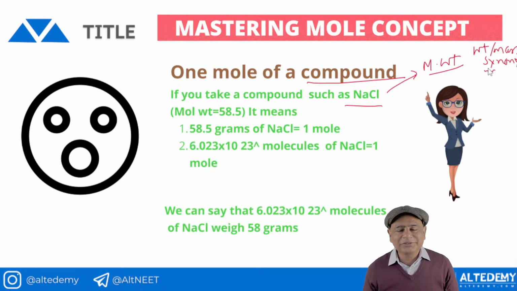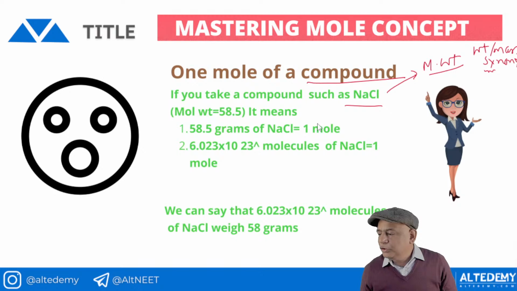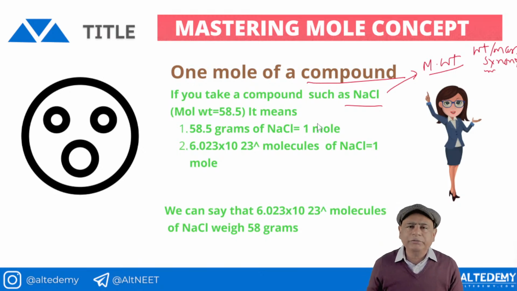As a student of physics, you know there is a difference between mass and weight, but we do not differentiate for our purpose and for our calculation. So you can say molecular mass also and molecular weight also. So NaCl, its molecular weight has been calculated to be 58.5.